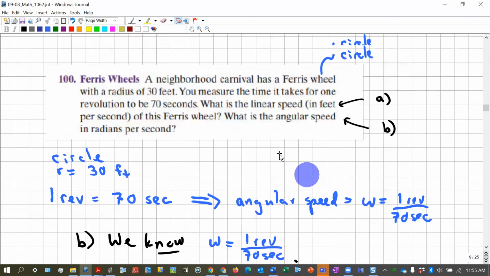But this question also asks us for the linear speed.